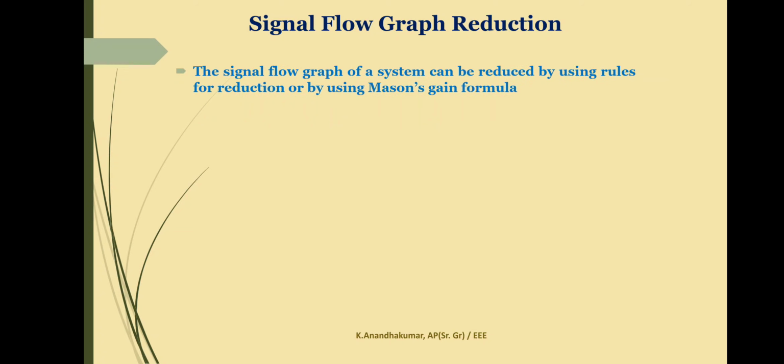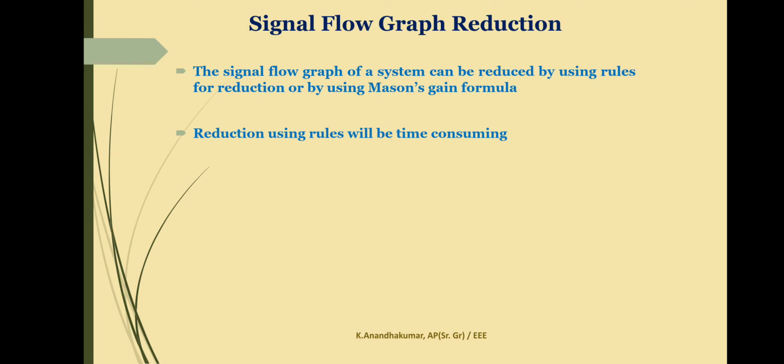The signal flow graph can be reduced by using rules for reduction or by using Mason's gain formula. These are the two ways.